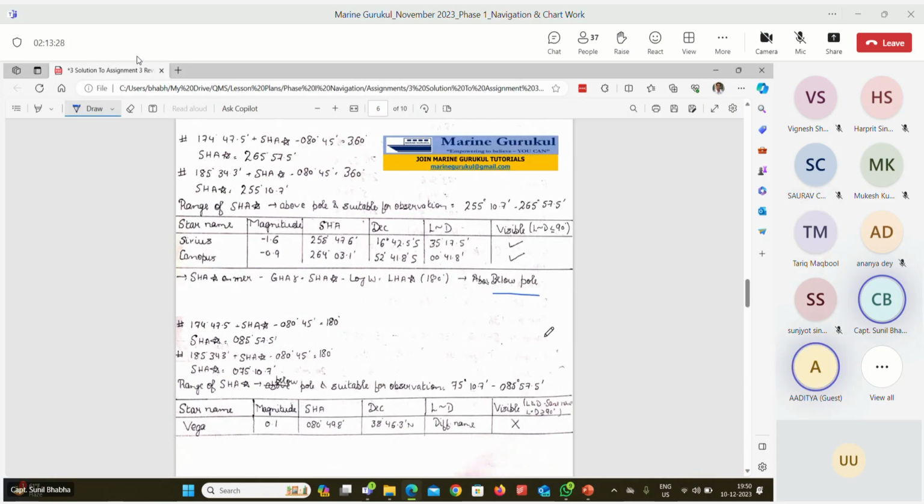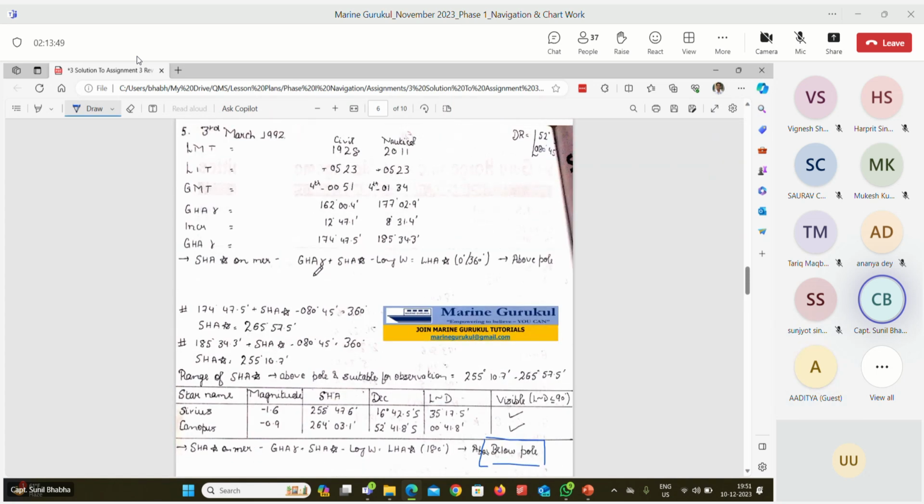लास्ट में सर, लास्ट बिलो पोल का, इसमें विजुअल क्यों नहीं है सर ये? बेटा बिलो पोल कोई भी बॉडी तब आपको विजिबल होगी व्हेन इट इज fulfilling the circumpolar criteria. Okay sir. Right? Declination है 38 north. What is the latitude?